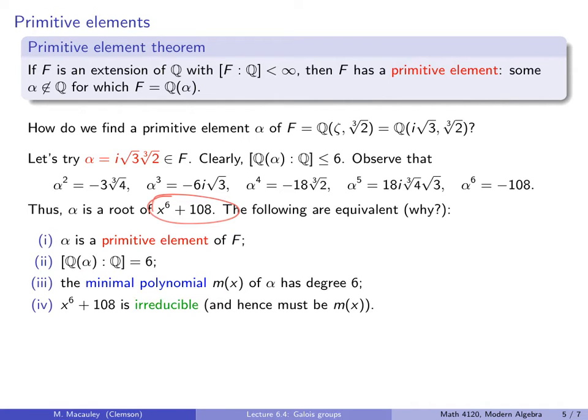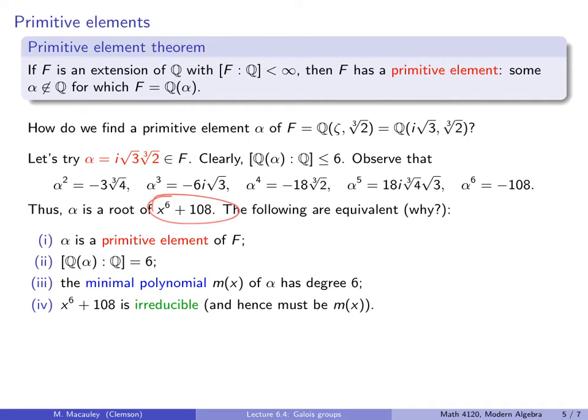Conversely, if this polynomial is not irreducible, then it breaks up into a product of two smaller degree polynomials, and alpha has to be a root of one of those polynomials.